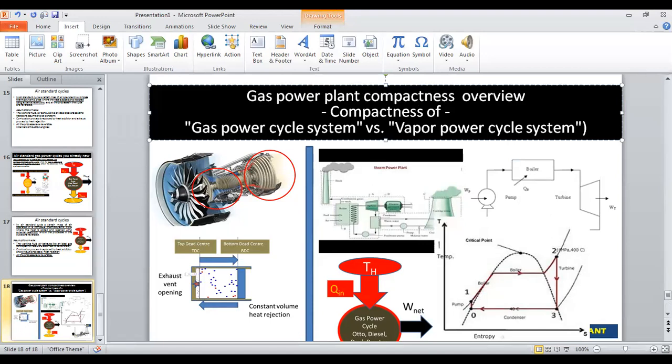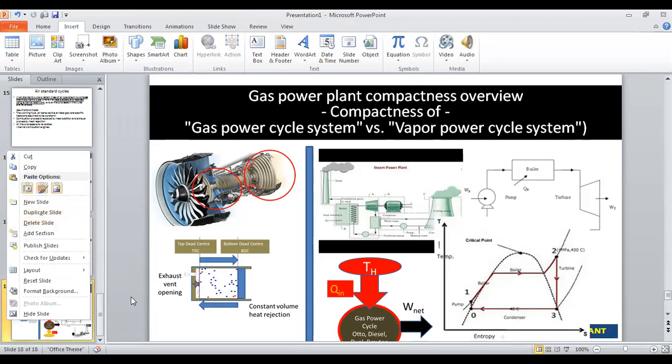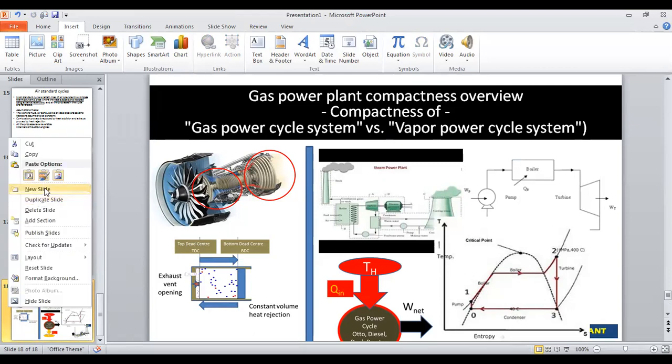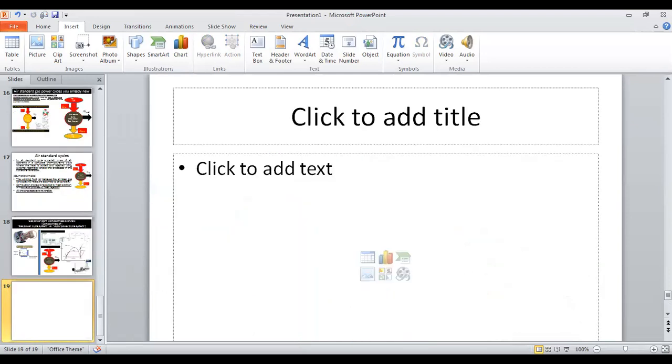Okay, overview. So it is something like this. Look into this, and IC engines.